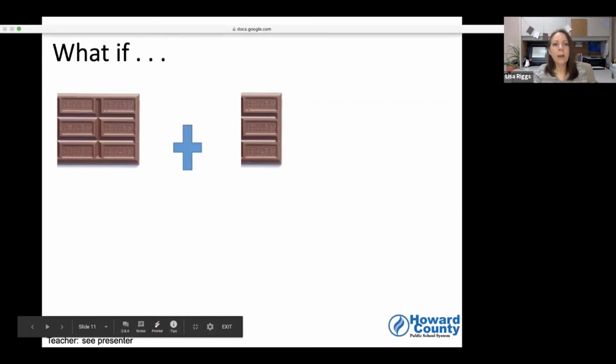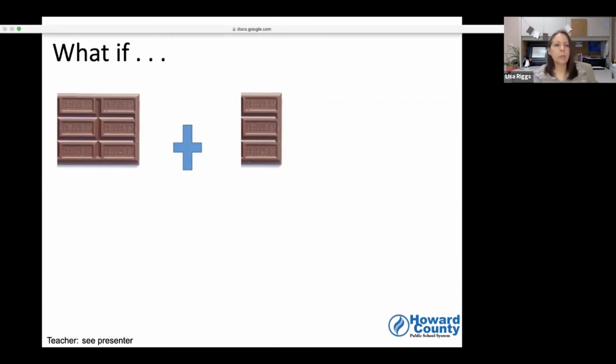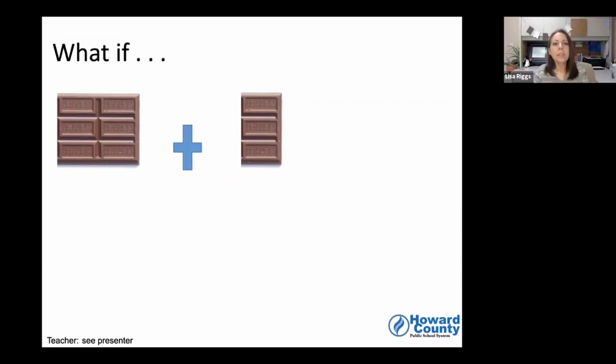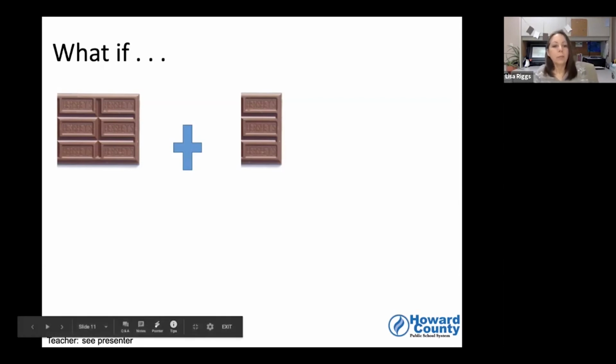Okay, how did you arrive at that answer? The one with 6 would be half of the candy bar, which would make the one with 3 1/4 of the candy bar. Yeah, so this part would be 1/2 plus 1/4 gives us 3/4. So we were able to put those 2 together and come up with our total.